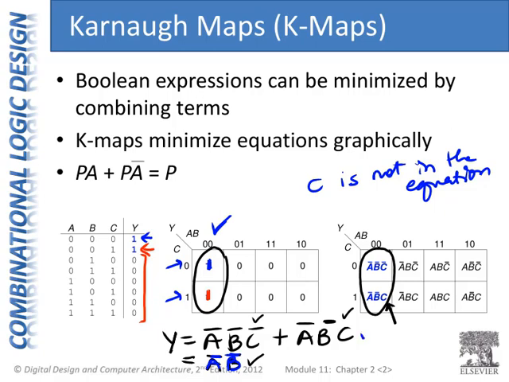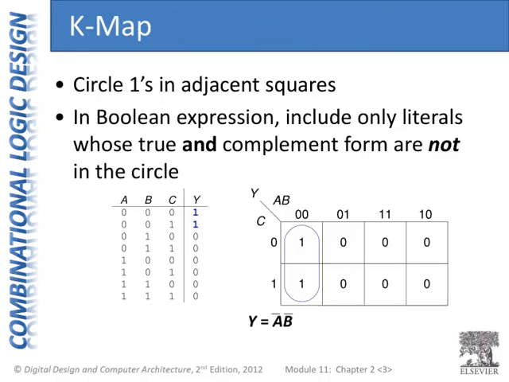And again, this is the longhand way. We're now no longer doing it that way. We're doing our minimization graphically. So we circle adjacent ones. Again, using combining, we can see that the top minterm included the C bar form of C, and the bottom term included the C form of C. The common term was A bar and B bar.